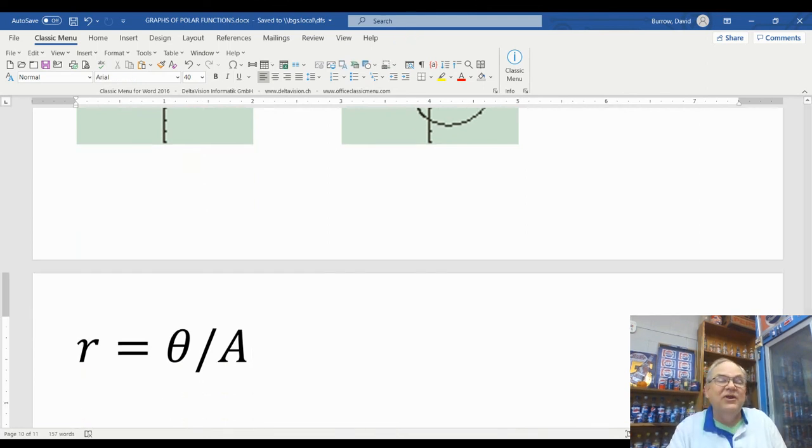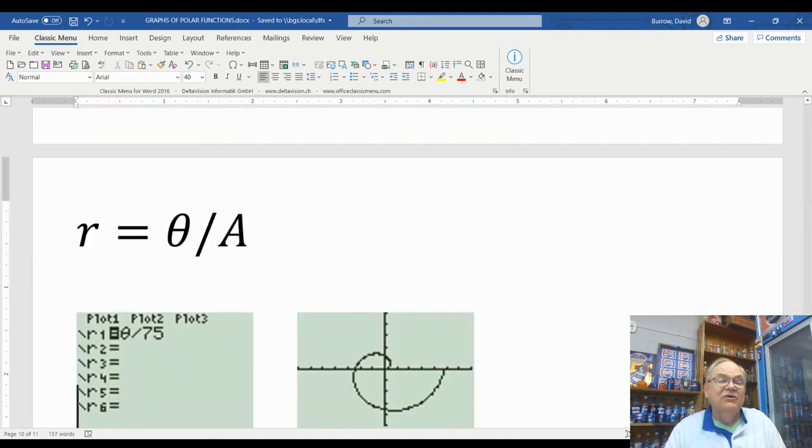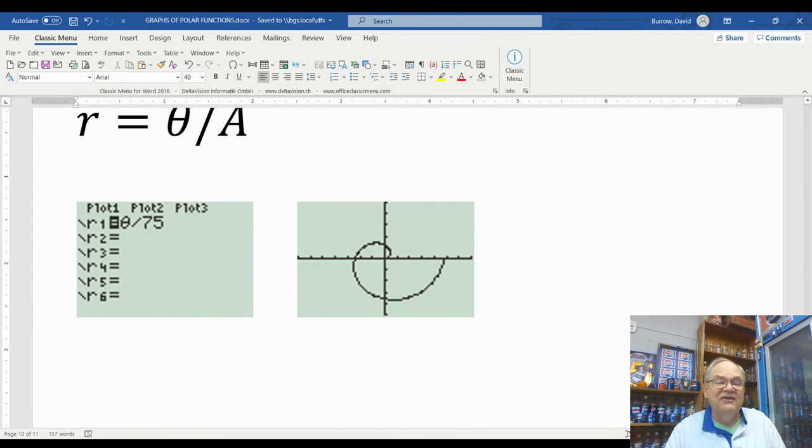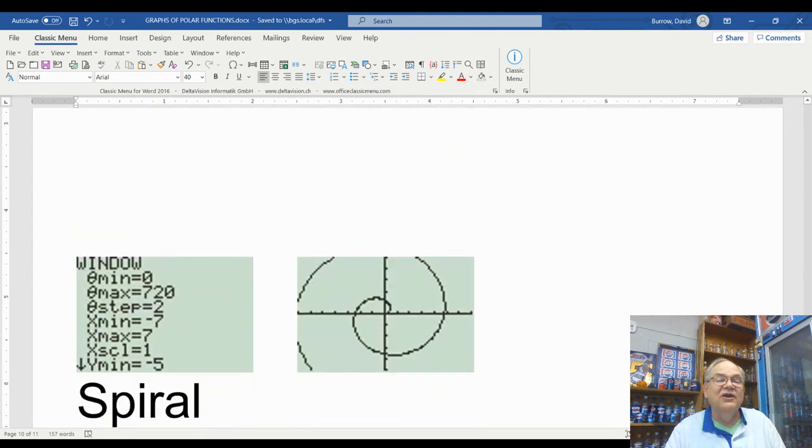One of them is what happens if you do theta divided by some number, and actually the same rule would apply to theta times any number. What happens if I do, for example, theta divided by 75 is I get this little blip that you can see on the screen, which if I extended my window so that it went to 720 instead of 360, it's a lot easier to figure out that this is going to be a spiral.